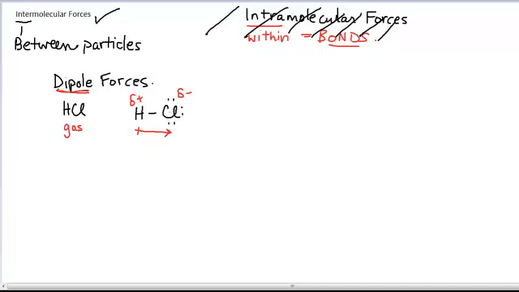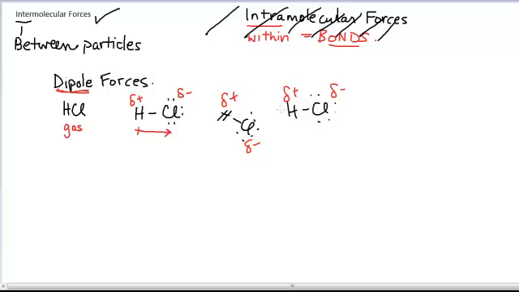And in a sample of HCl, we have lots and lots of these molecules floating around in our container. And all of these molecules are polar with a partial positive side and a partial negative side. We all know that what makes the world go round is the attraction of positives and negatives.